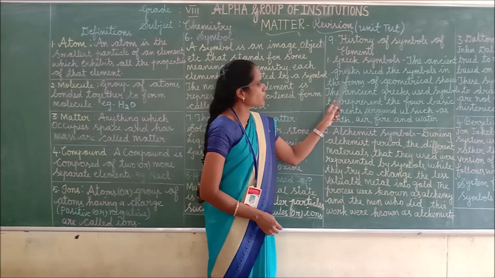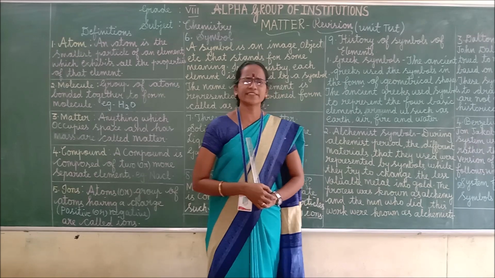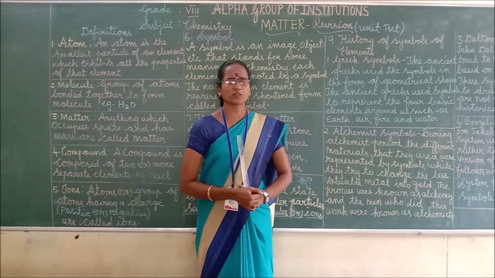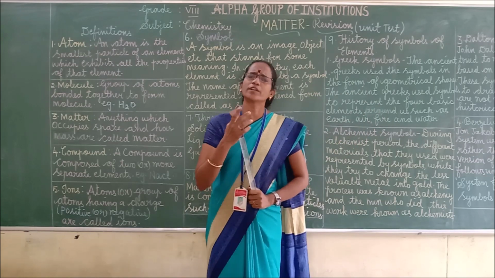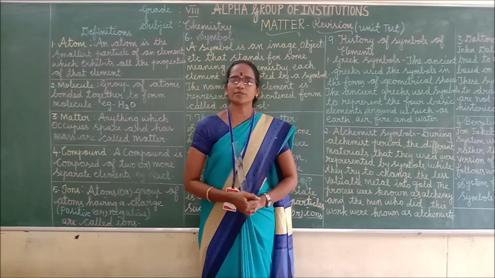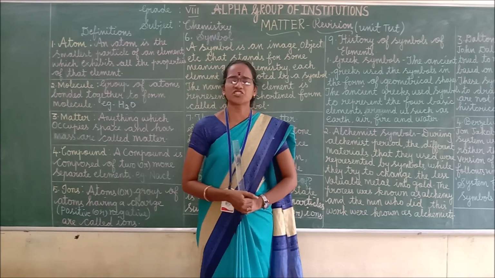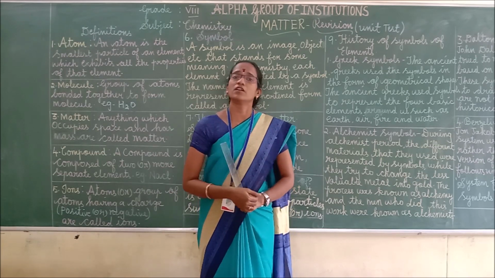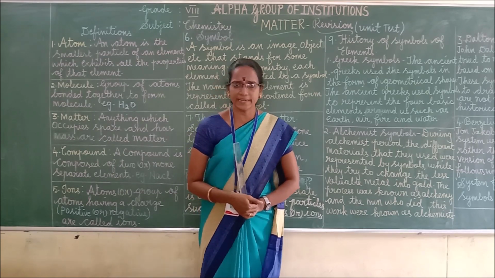So first one, Greek symbols. The ancient Greeks used symbols in the form of geometrical shapes. What are the various geometrical shapes? You know very well. The various geometrical shapes are triangle, rectangle, square, circle, rhombus, isn't it?